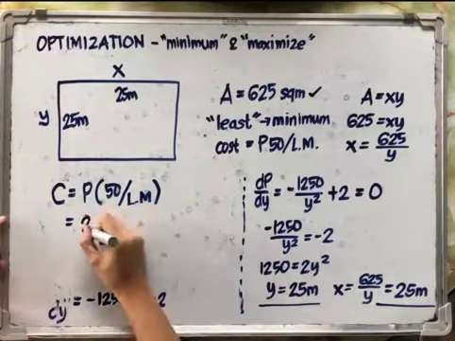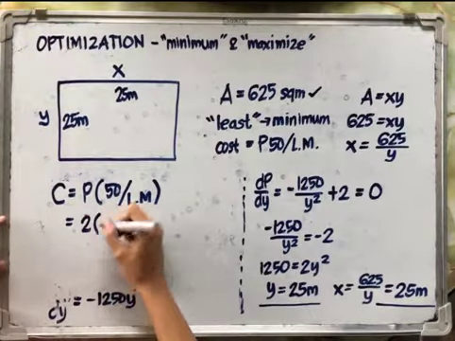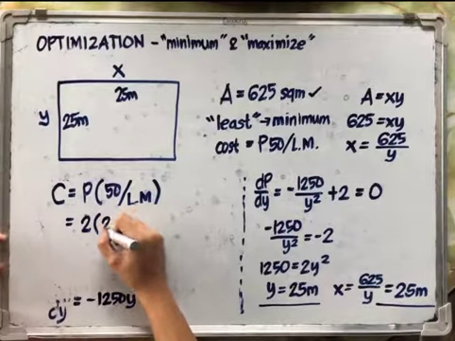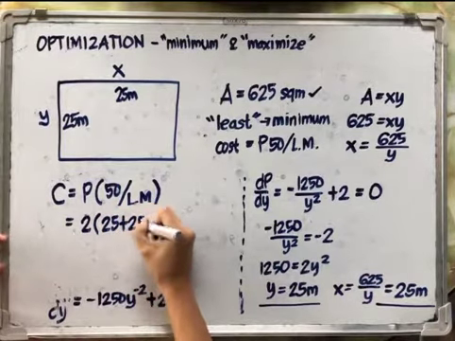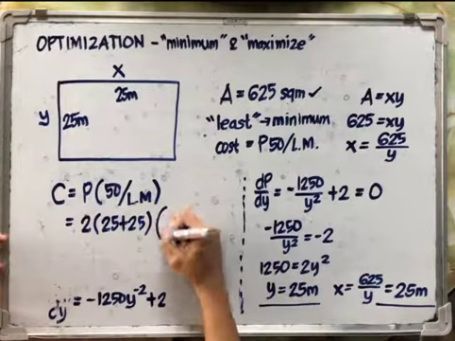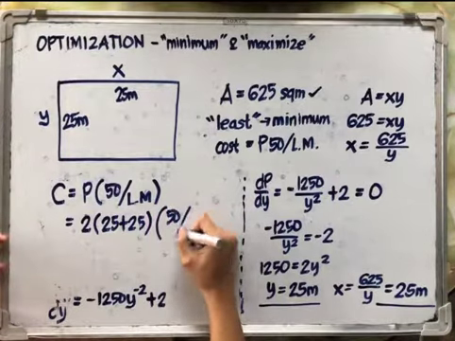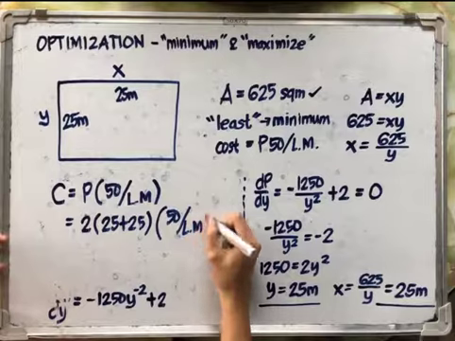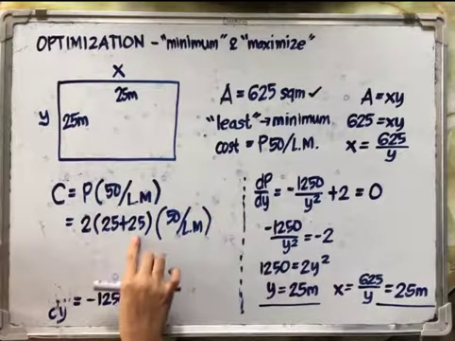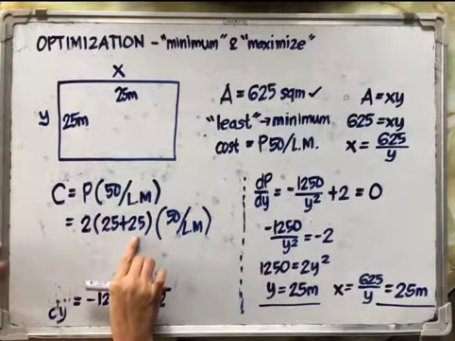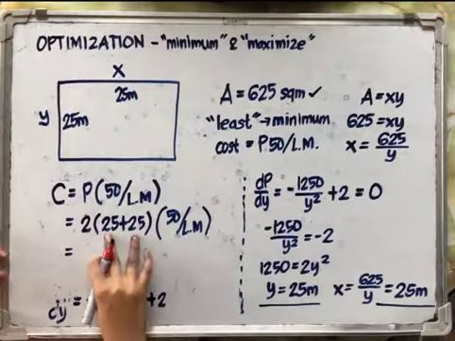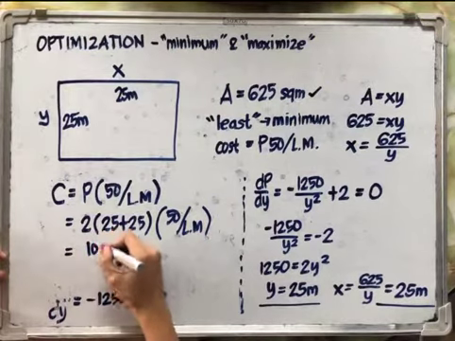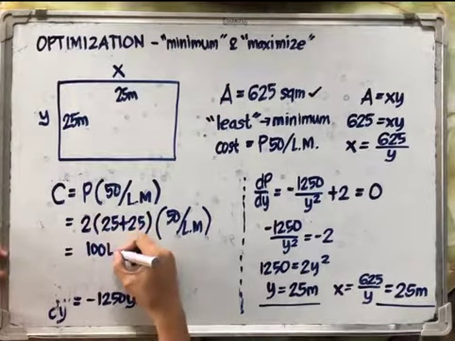Perimeter is 2 times x plus y. Tama? That's 25 plus 25. Tapos yung cost, multiply ko ulit dito by 50 per linear meter. 25 plus 25 is 50 times 2, that is 100. 50 times 2 is 100 linear meter siya.